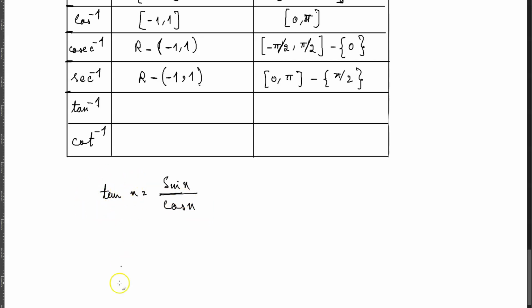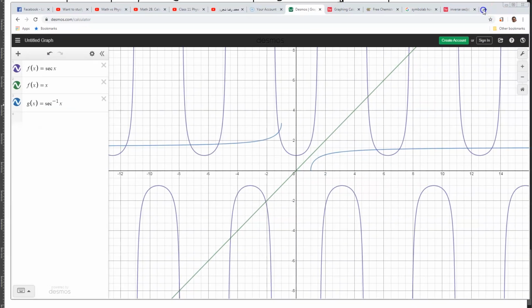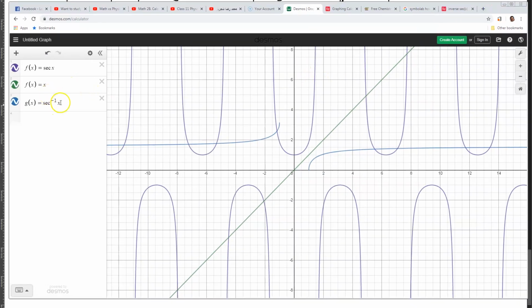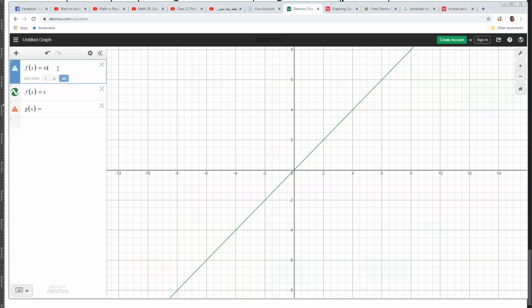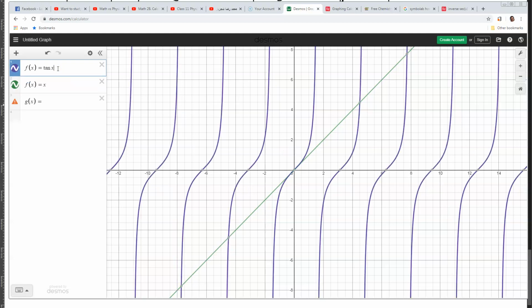Which means that if you draw the graph of the function f of x equal to tan x, you can see that at pi by 2 the function is not defined.